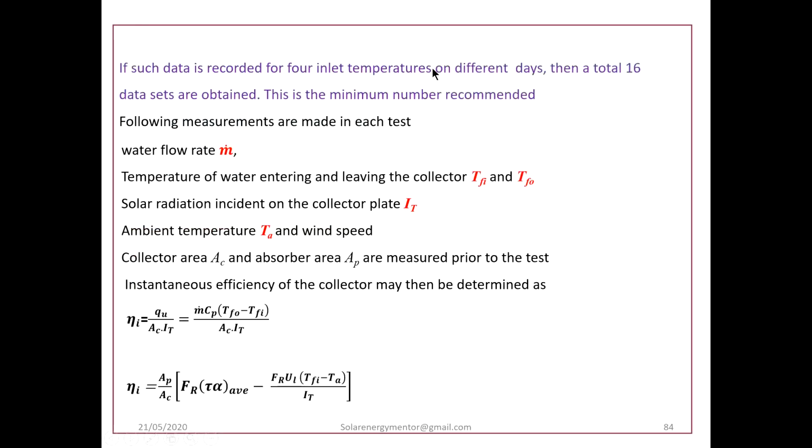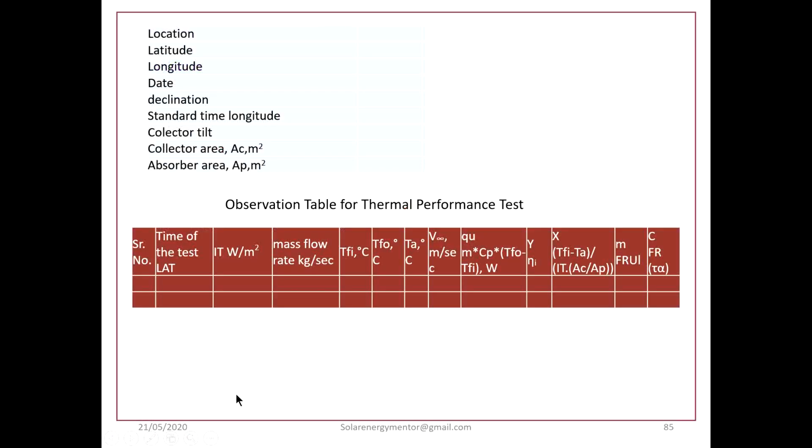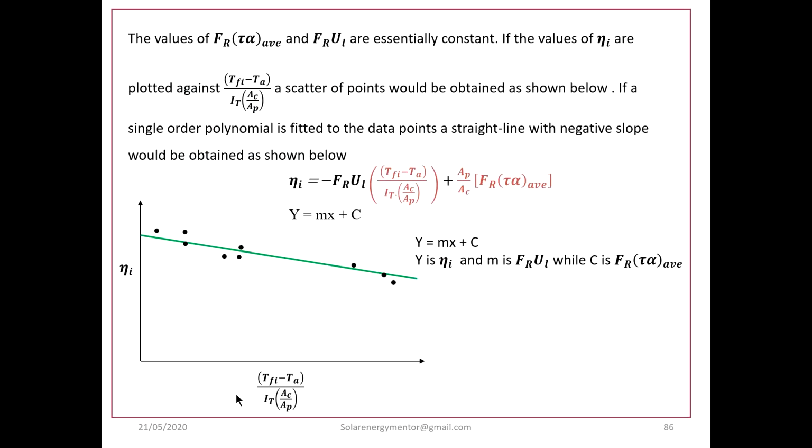So in this expression we can imagine this equation to be y is equal to mx plus c. Here (TFI minus TA) upon IT is x, and FRUL and FR tau alpha are constant.